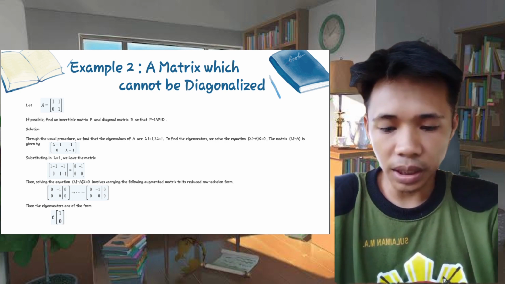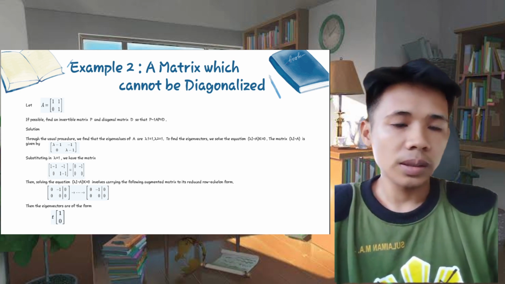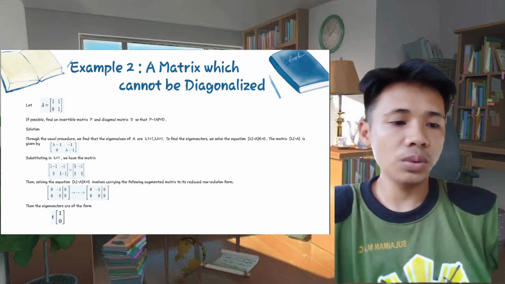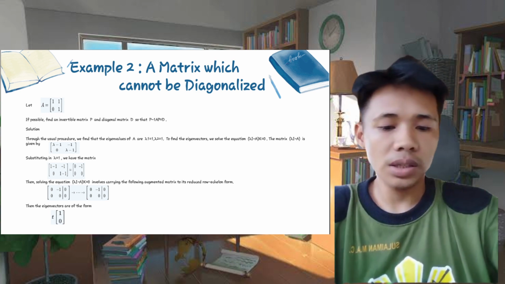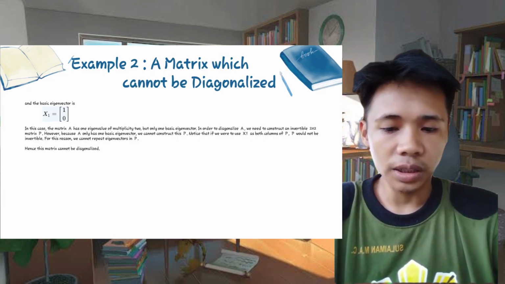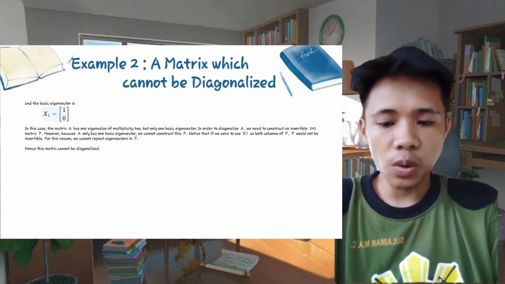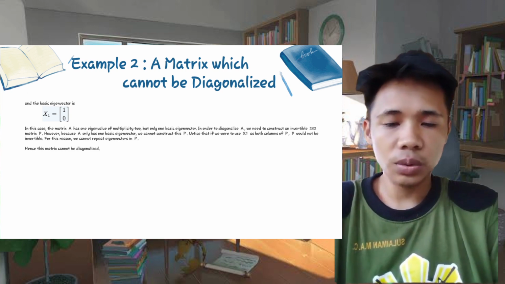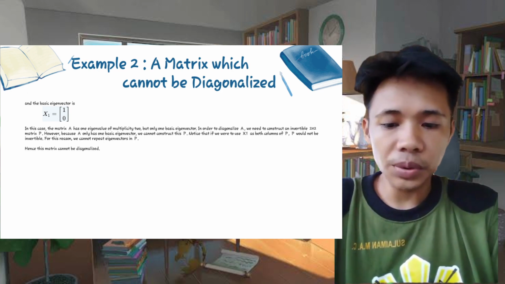So then the eigenvectors are of the form t times the matrix (1, 0), and the basic eigenvector is x sub 1 equal to (1, 0).